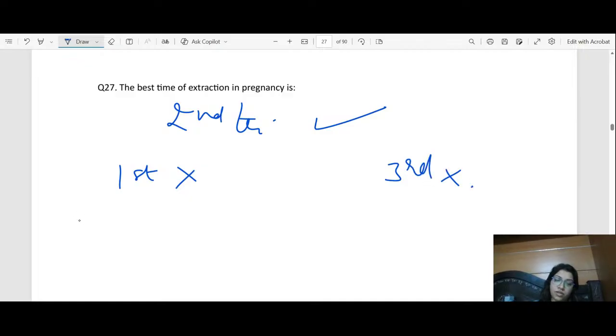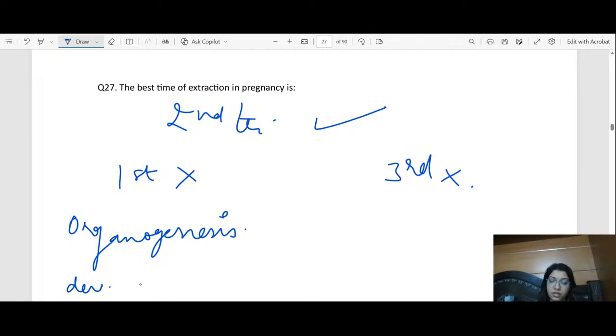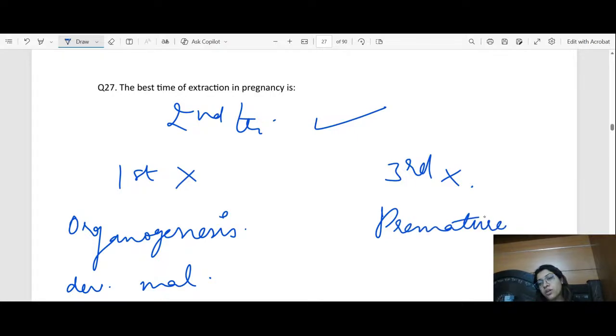Because in the first trimester there is organogenesis of the fetus occurring, so there can be developmental malformation if there is stress and strain to the mother. And in the third trimester, with a large quantity of steroids in the blood, the pituitary gland secretes oxytocin, which stimulates uterine contraction, and chances of premature labor are there.